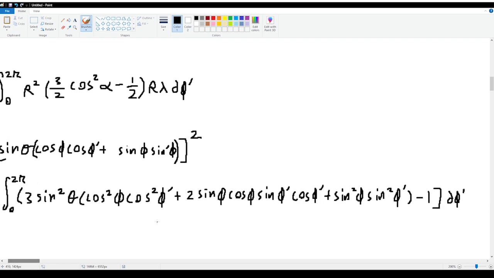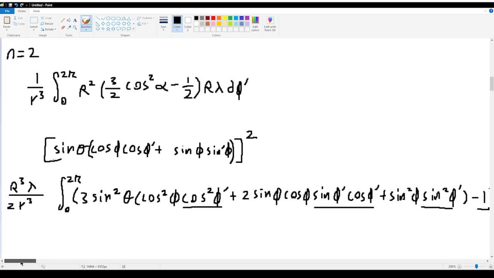So here is what we have to integrate. It looks huge, but again, all we care about is this term, this, and this one. So the one is just d phi prime. Then for the cosine squared and sine squared, we can use the half angle identities. And then for sine and cosine, just a simple u substitution will work.